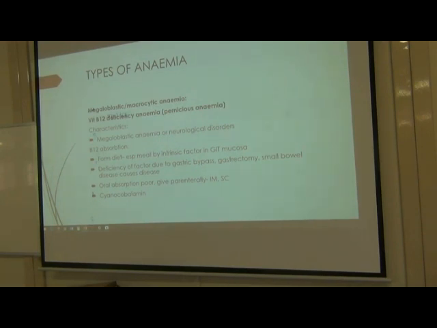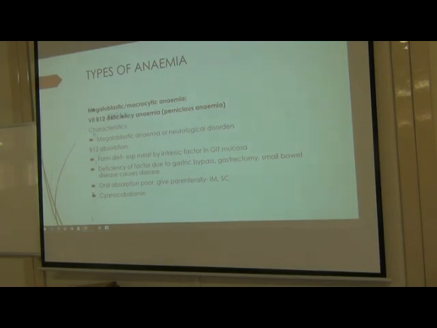All right, and there can be a deficiency of this intrinsic factor if the patient has a gastric bypass. Remember that the intrinsic factor is in the GIT. So if there's been any disturbance of the GIT, it can affect the availability of the intrinsic factor. That's why gastric bypass, gastrectomy, and small bowel diseases will cause megaloblastic anemia. Am I making sense to you?